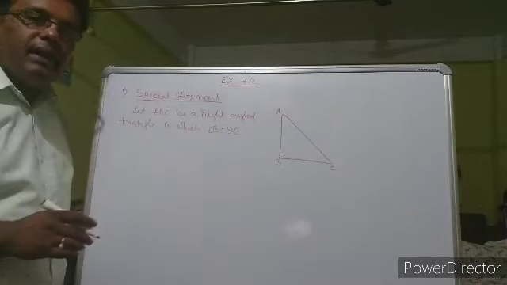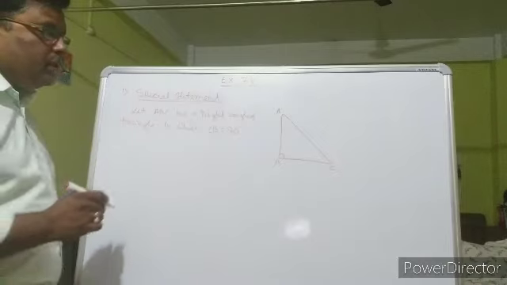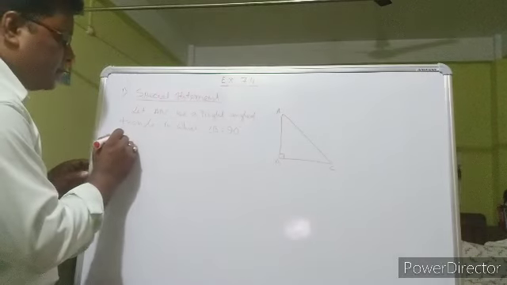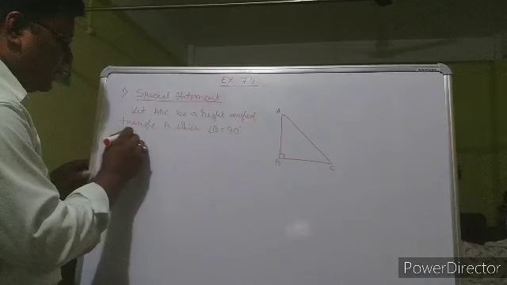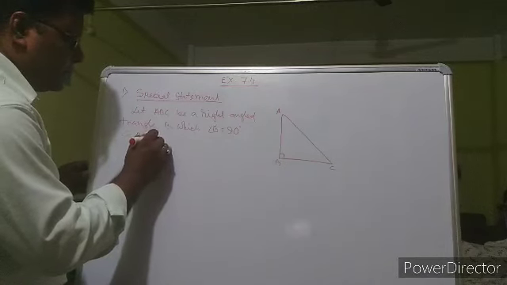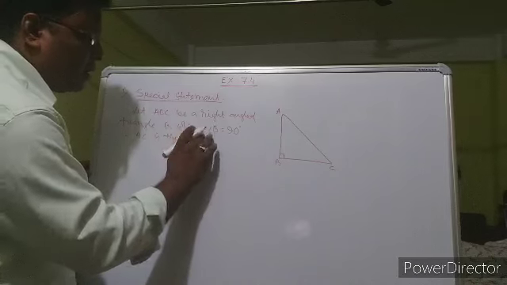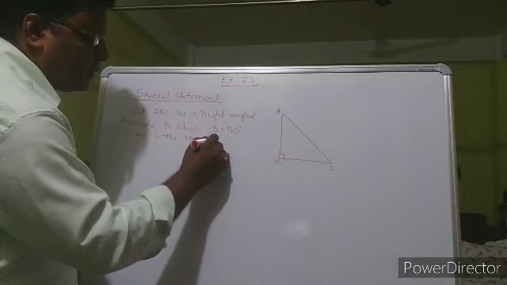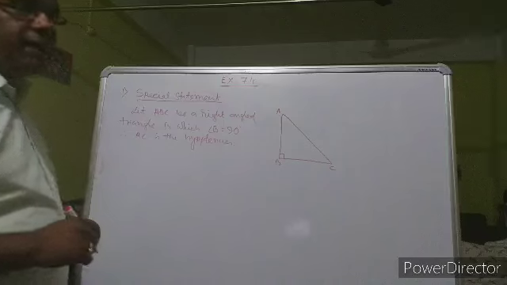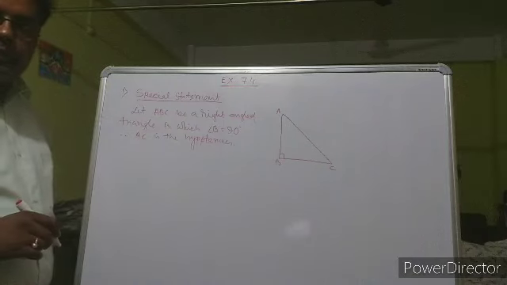That is, angle B is the right angle. Therefore AC is the hypotenuse.